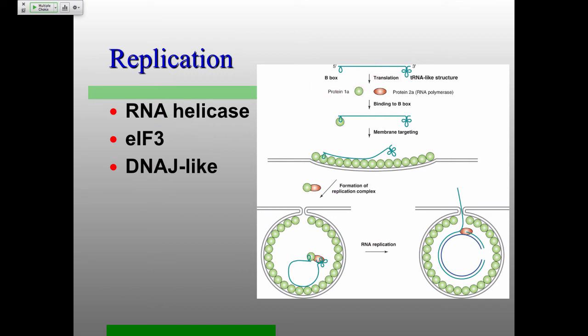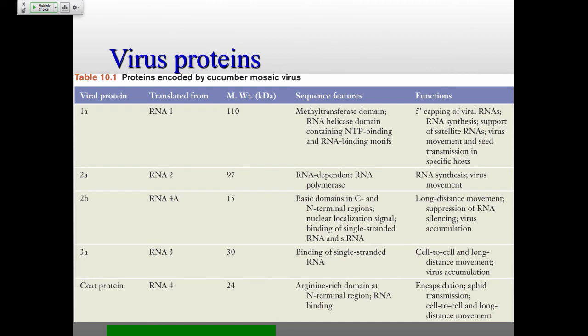And then the RNA helicase comes from protein 1A. The other thing, sort of as an aside, many of the proteins in these RNA viruses, let's just back up to that table, have multiple activities. And so this is a nice example. If you just look at RNA1, it has an RNA helicase domain, but also has a methyltransferase domain. Why the heck would you need a methyltransferase domain?